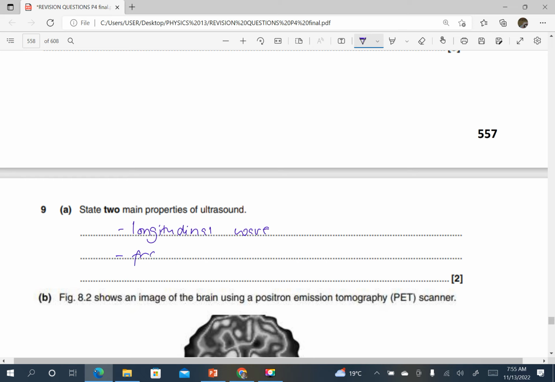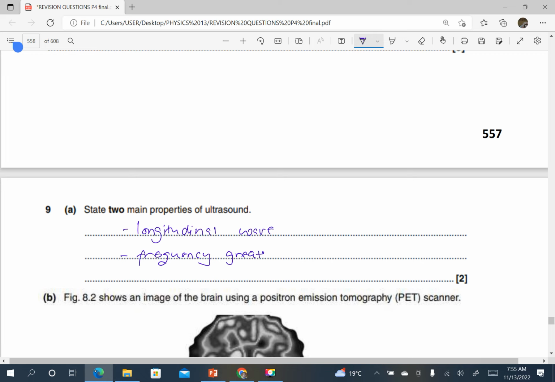So the other property is frequency greater than 20,000 hertz. Those are the two major properties of ultrasound.